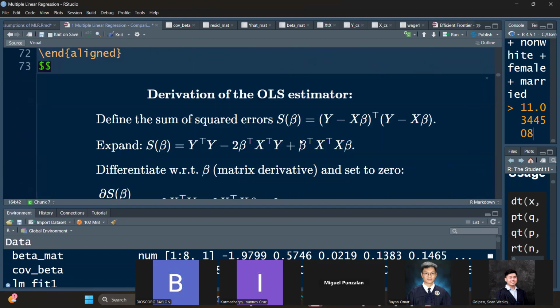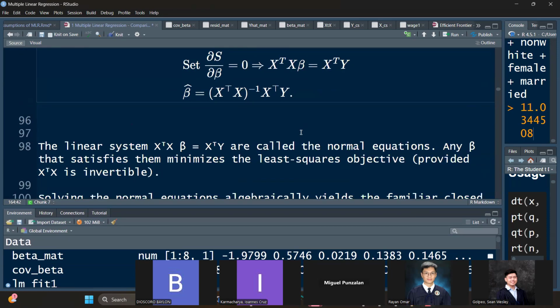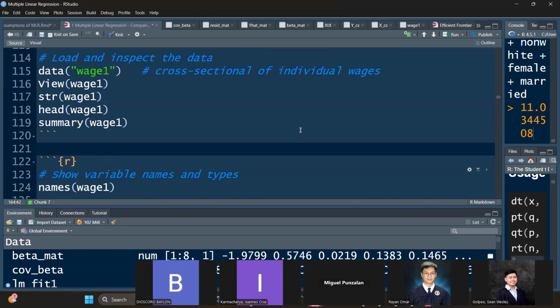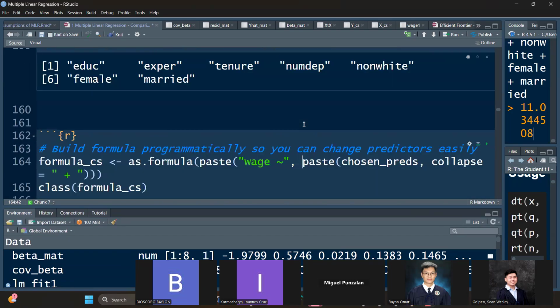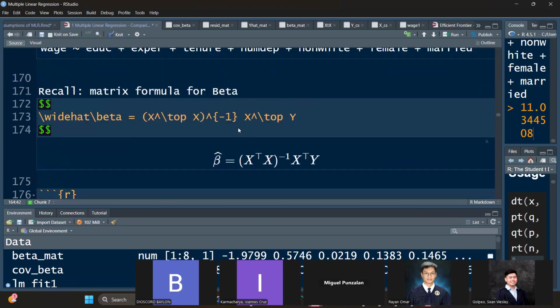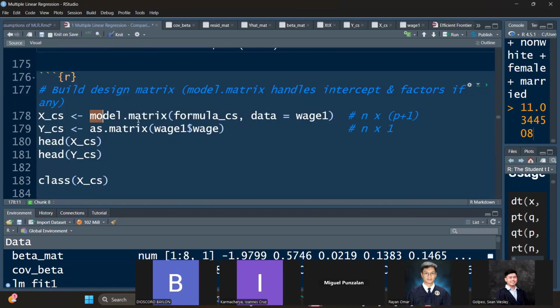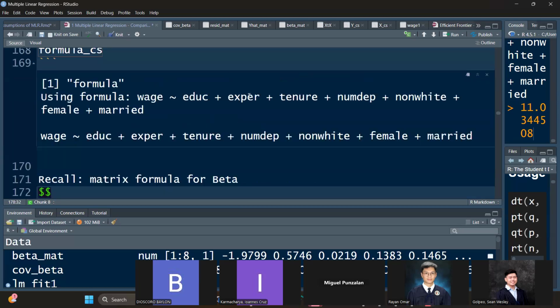So we need to create that matrix. And we said that we can make use of the model.matrix function. Here, class. Model.matrix, and we use the formula CS. What's formula CS? Formula cross-section, class, is this one.